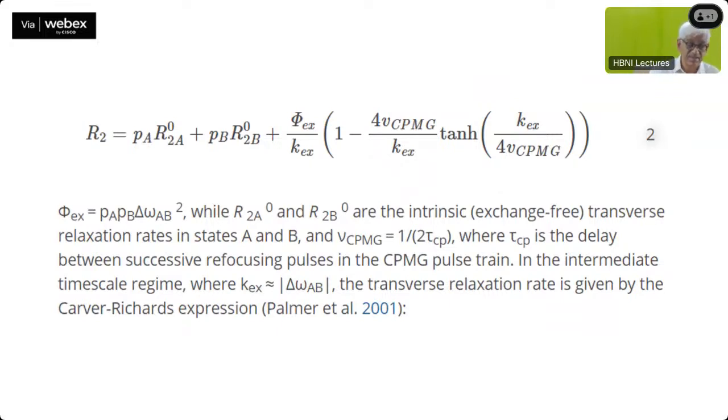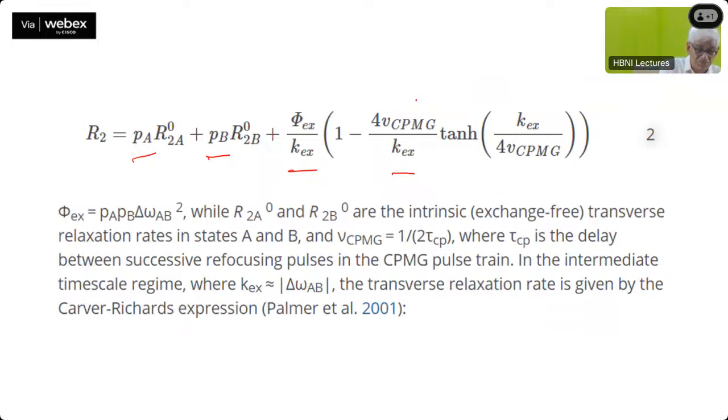Between the two sides A and B, PA is the population of the A site, PB is the population of the B site, and K exchange is the exchange rate, and nu CPMG is what we actually set in the experiment, so it will appear here. K exchange is present here, and there is a tanh. So this is the equation. We will not go into the derivation of this, but this is what is used.